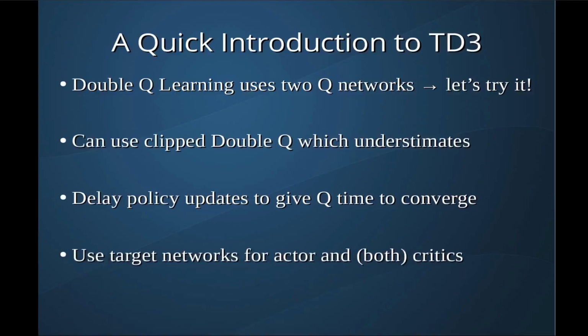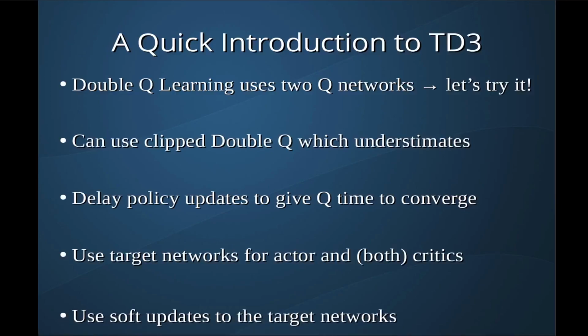Another innovation is we're going to use target networks for the actor and both critics. Since we're doing an analog of double Q learning, which uses two Q networks, it stands to reason we're going to have two critics, and we're going to have target networks for all the things. So we're going to have an actor, a target actor, two critics, and two target critics. So a total of 6 deep neural networks. We're going to have all the neural networks in the world.